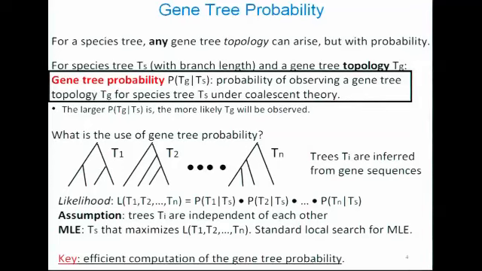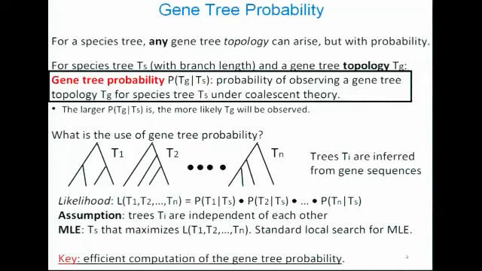The assumption is that each tree Ti is independent of the others, and that's the underlying assumption. This allows us to find a maximum likelihood estimate of the species tree, which simply maximizes this likelihood function. Then with this definition, we can use well-known approaches, such as local heuristic search, to try to find the species tree that maximizes the likelihood function.